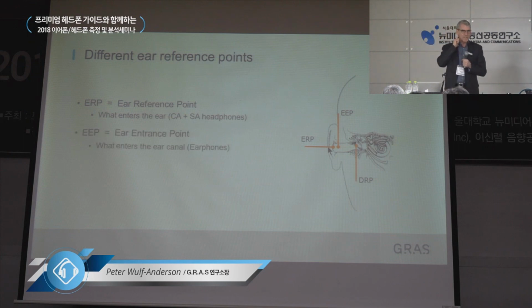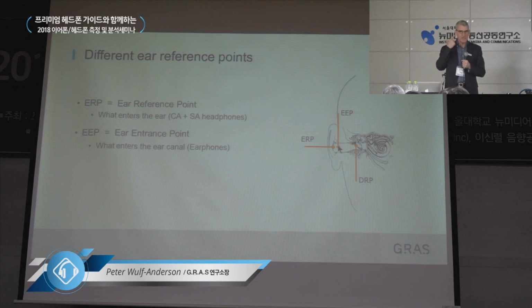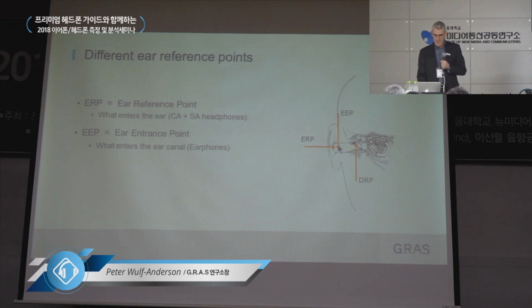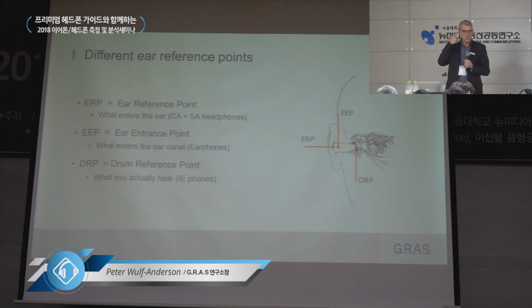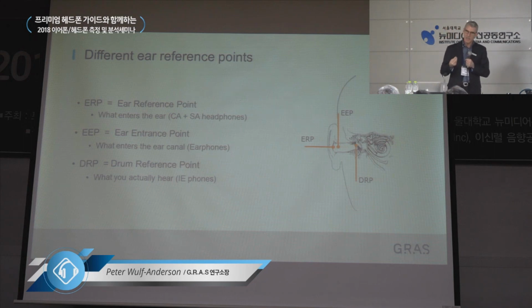Ear entrance point is right where the ear canal starts, so right here where the ear canal is, and again that's the reference point for the coupler you need for the earbuds. And the last one is drum reference point, drum referring to the eardrum. If you are measuring headphones or earphones that are going into the ear canal, you need to use ear simulators that have a drum reference point.